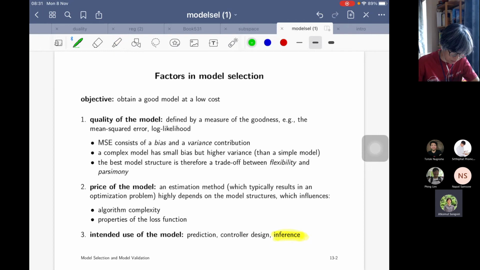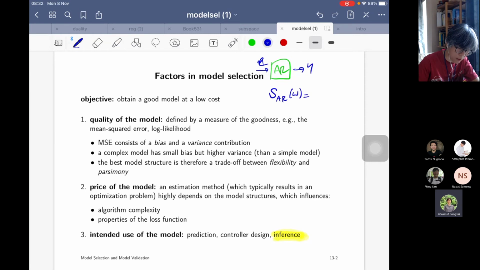For example, if you have an AR process, you have noise, you have Y, and everyone knows that the spectrum of the AR process is a quadratic function in the AR polynomial.